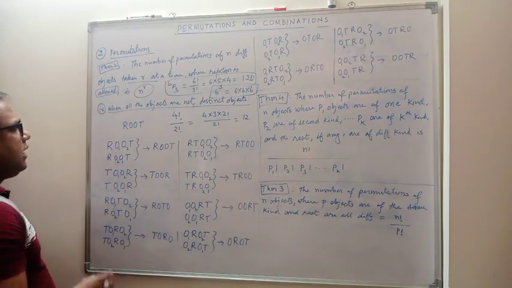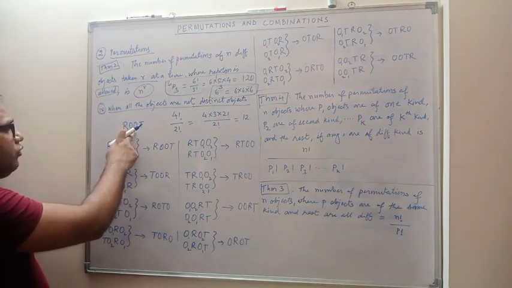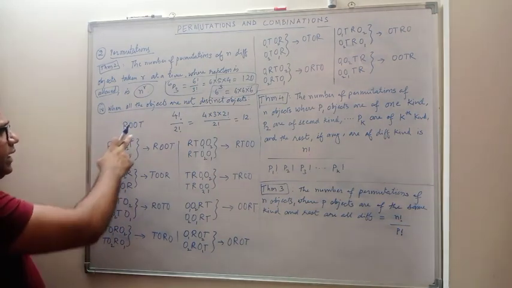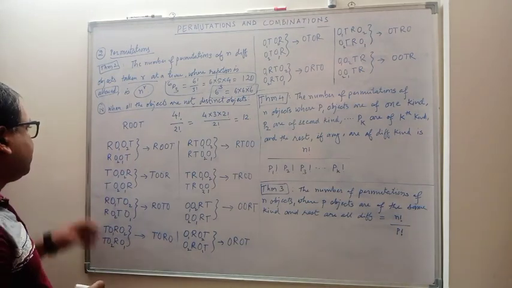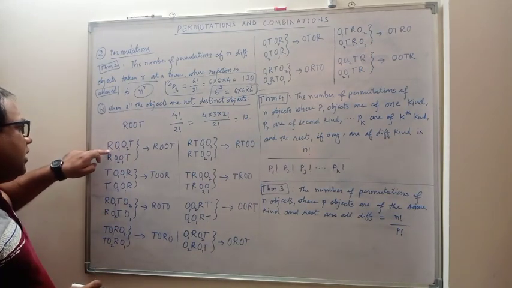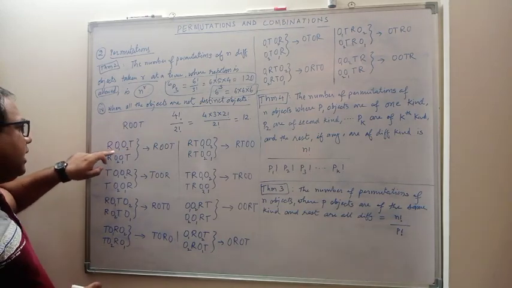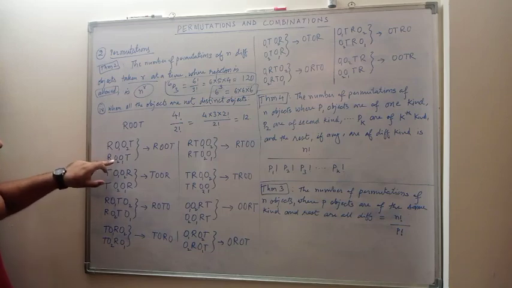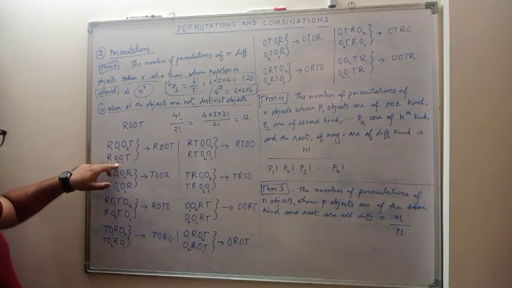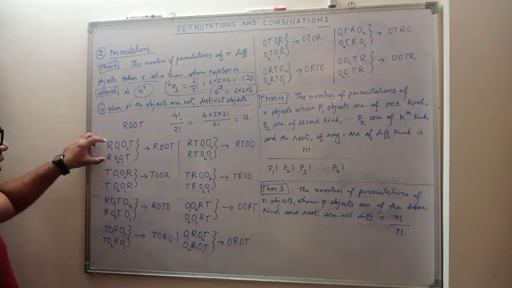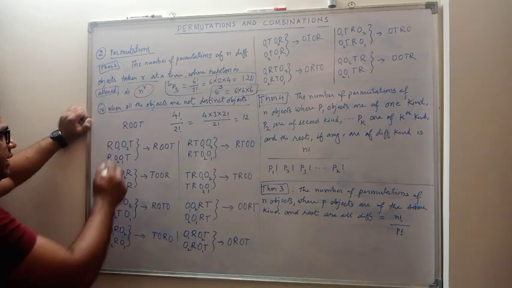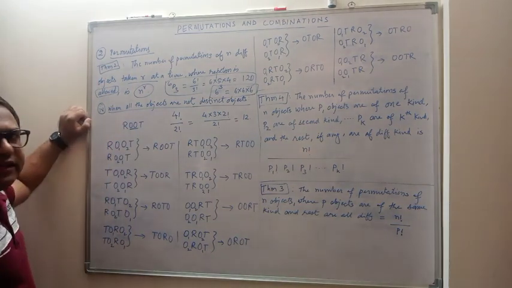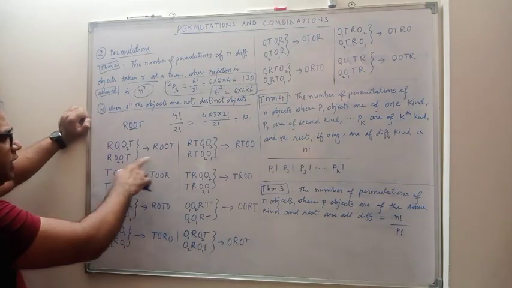Let us consider there are two O's. I am considering one as O1 and another as O2. Whether I write R O1 O2 T, or R O2 O1 T, both are the same thing, as we know that these two letters are the same. Therefore, I can write ROOT.